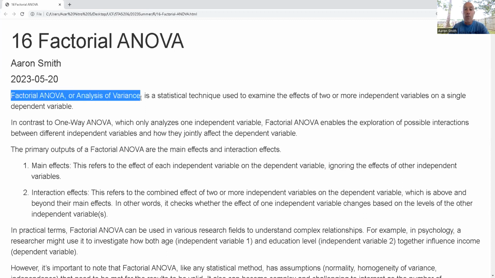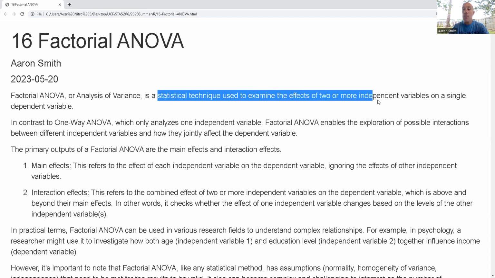Factorial ANOVA, or analysis of variance, is a statistical technique used to examine the effects of two or more independent variables on a single target variable.